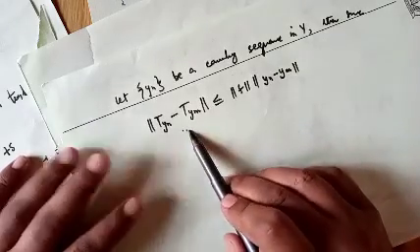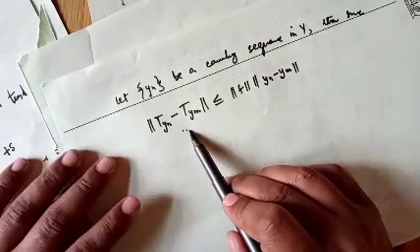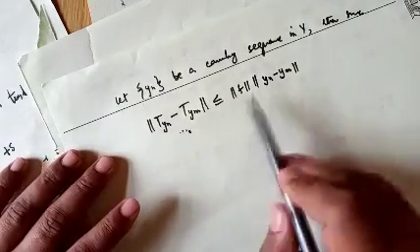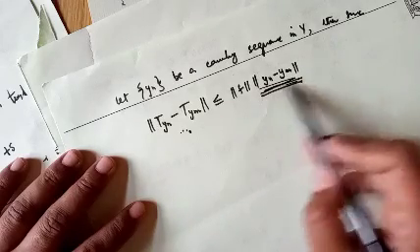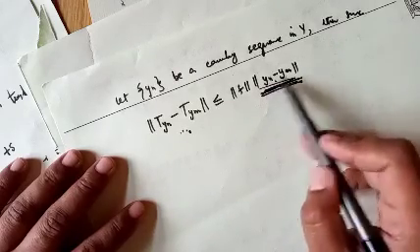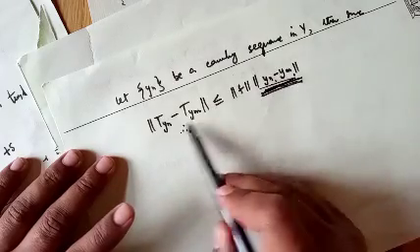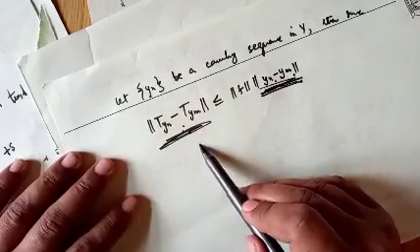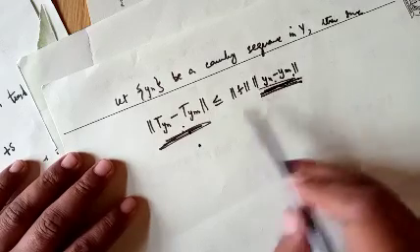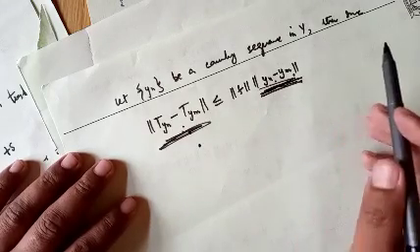Now look at this. We know that this is a Cauchy sequence. Cauchy sequence means this thing becomes arbitrarily small as n, m approach infinity, but this is less than or equal to this. That means the left hand side also becomes arbitrarily small as n, m become very, very large.